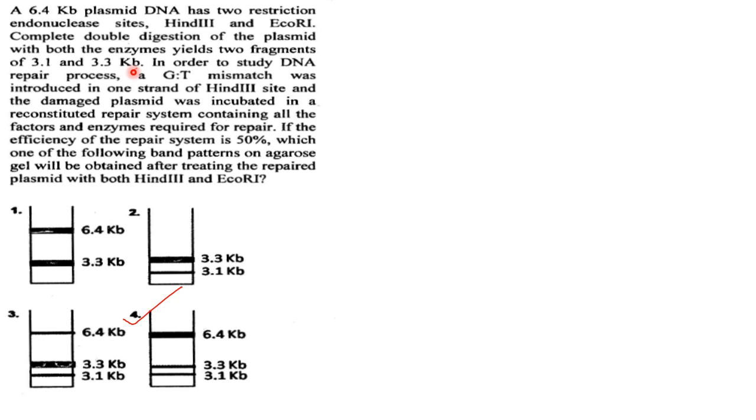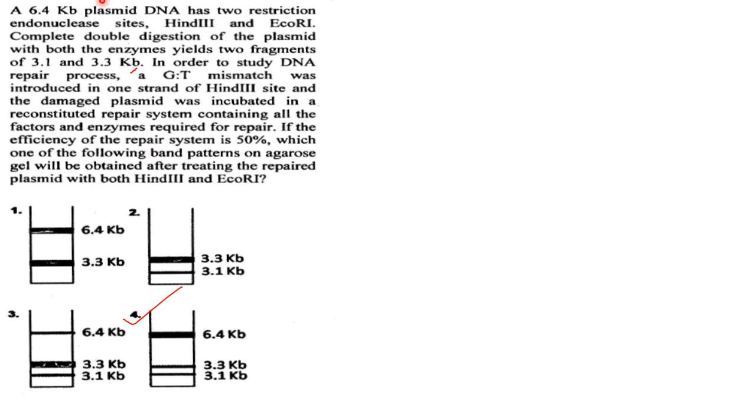In order to study DNA repair process, a G:T mismatch was introduced in one strand of HIN3 site, and the damaged plasmid was incubated in a reconstituted repair system containing all the factors and enzymes required for repair. If the efficiency of the repair system is 50%, which one of the following band patterns on agarose gel will be obtained after treating the repaired plasmid with HIN3 and EcoR1?